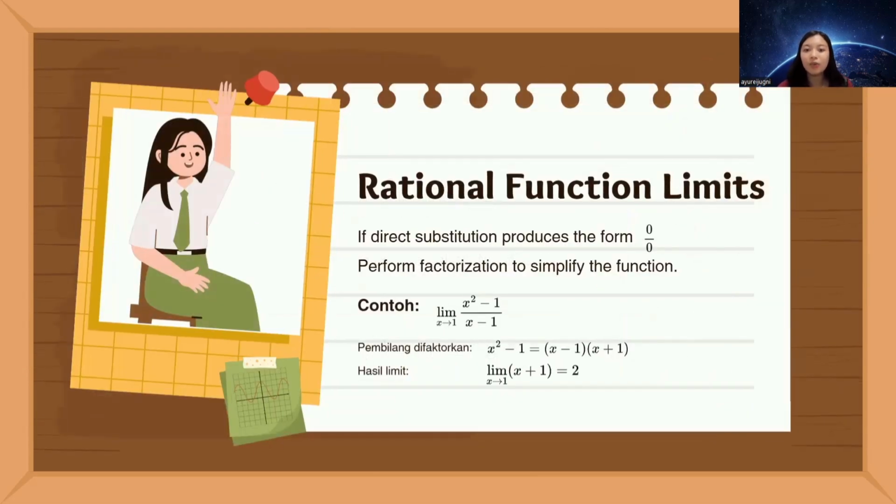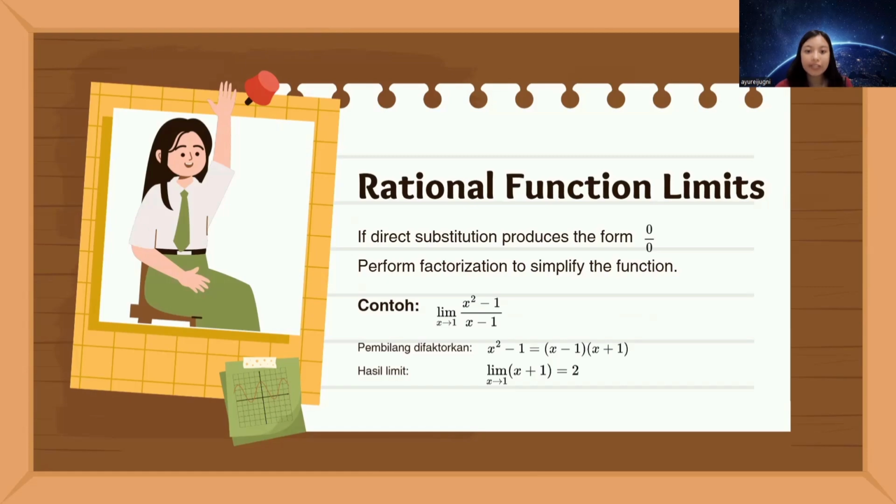Now, let's continue to rational function limits. Sometimes direct substitution produces an undefined form like 0 divided by 0. When that happens, we need to simplify the function first using factorization.